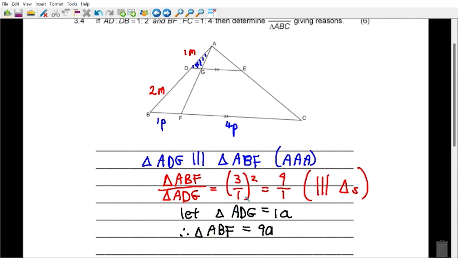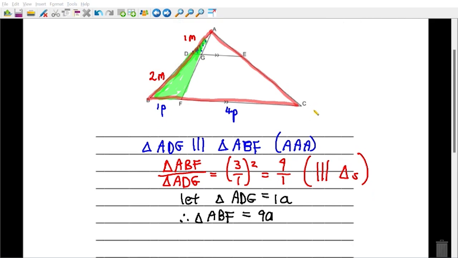Right. Now, the last thing is that these two triangles, and I'm just going to highlight them for us, this green triangle and the entire triangle. So I'm now talking about the big triangle ABC. What do they share? They share a height. And because they share a height, their areas will be in the ratio of their bases.